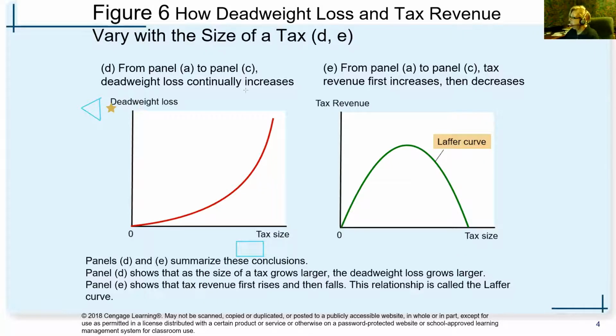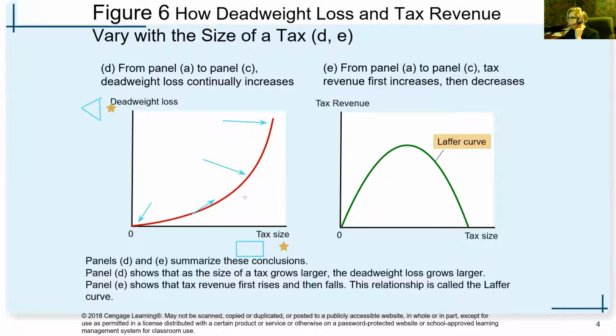And in looking at this, we want to say, what's the relationship here? We start off pretty small when we're looking right here. Notice no tax, no deadweight loss. As the size of that tax grows, as we get to here, and particularly here, the tax size increases at a decreasing rate.